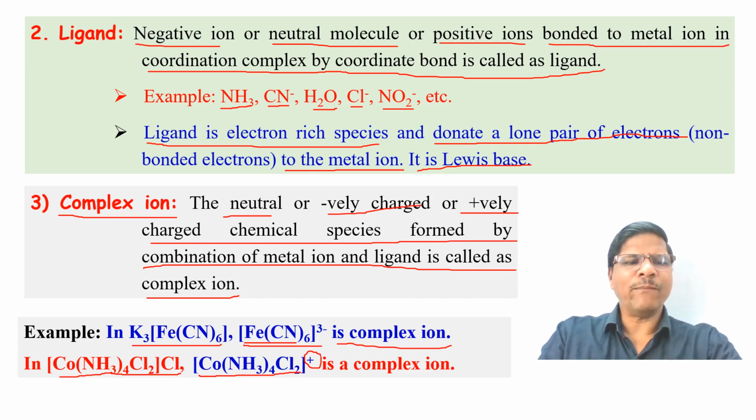[Co(NH3)4Cl2]+ is the complex ion in the coordination compound [Co(NH3)4Cl2]Cl. Okay, so the charged species formed by the combination of the metal ion and ligand together is called the complex ion.